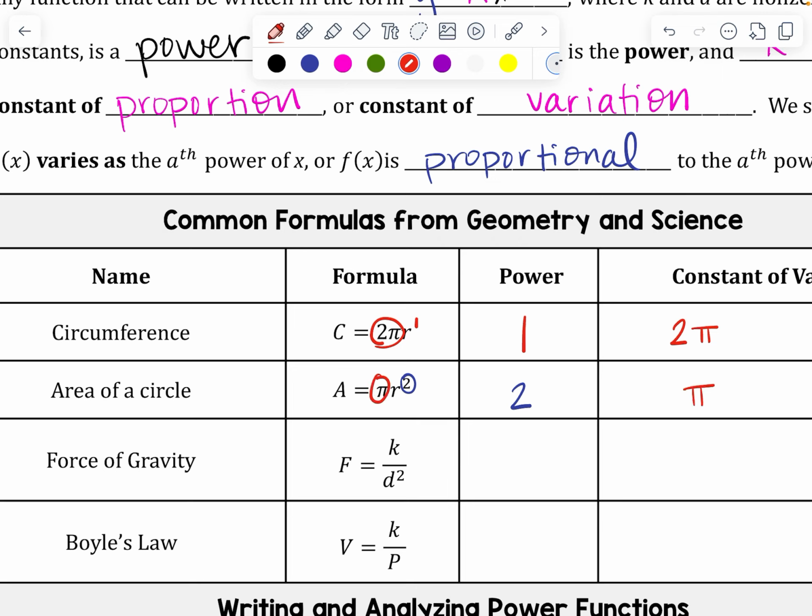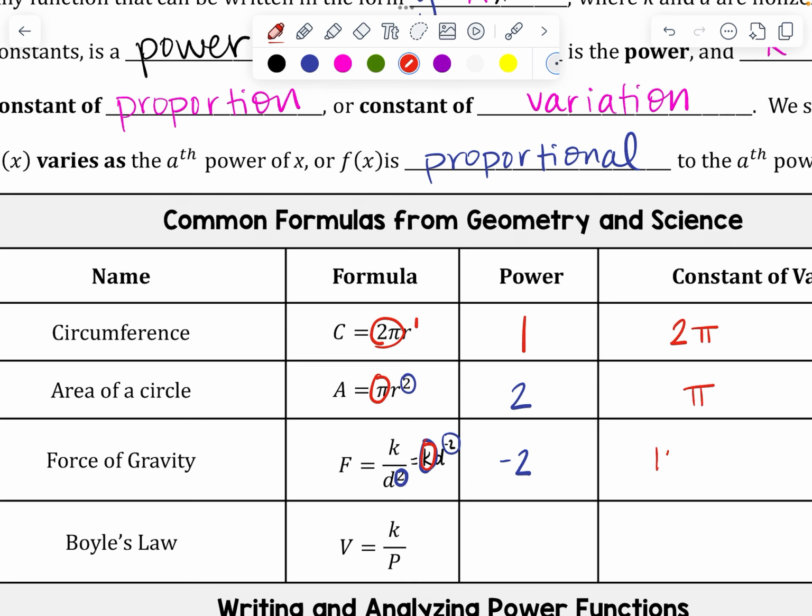For the force of gravity, we see that it has a 2 in the denominator, which means that this is equivalent to k times d to the negative 2 power. So negative 2 is its power, and its constant is this k in front.